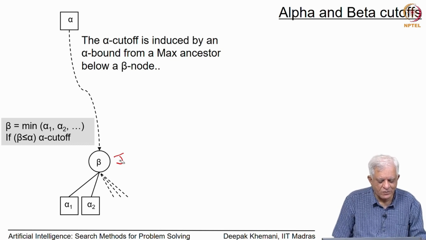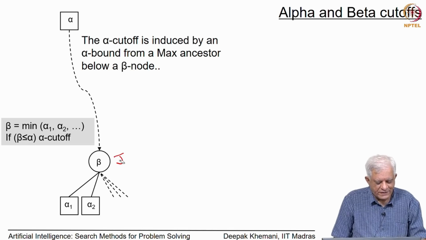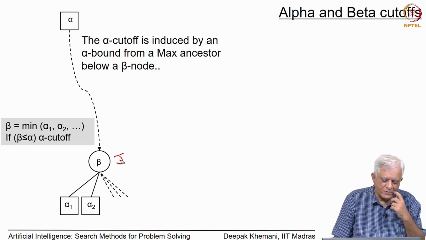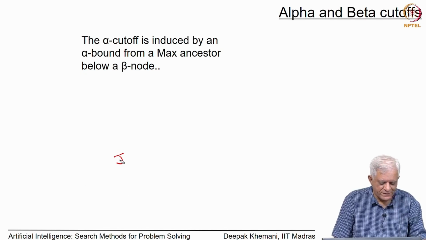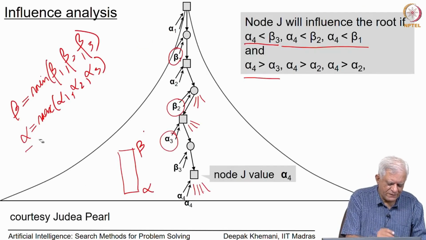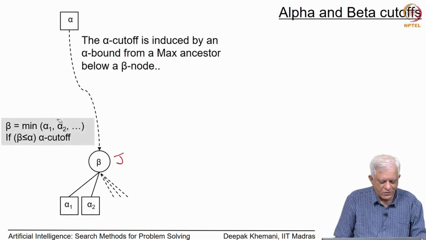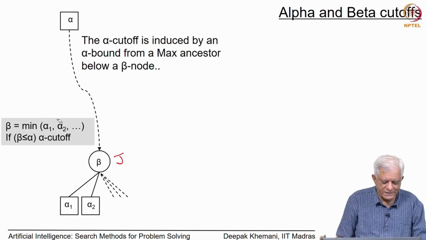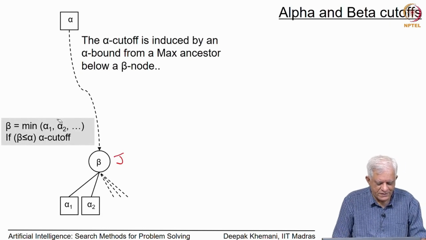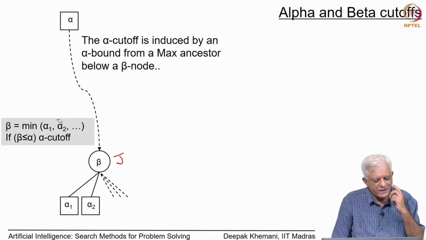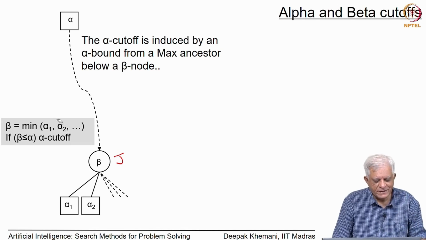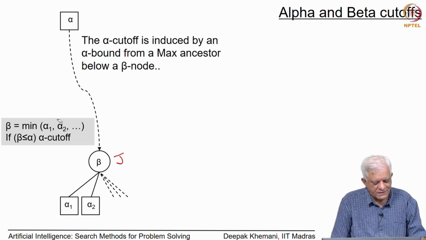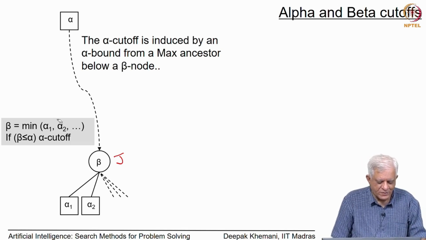It could be the root or it could be some other node on the path, and for every such max ancestor, alpha is the maximum of the values, as we discussed previously. So, as long as this beta is going to be larger than alpha, as long as this beta promises a better value than alpha, and better value for alpha means larger, will search proceed.